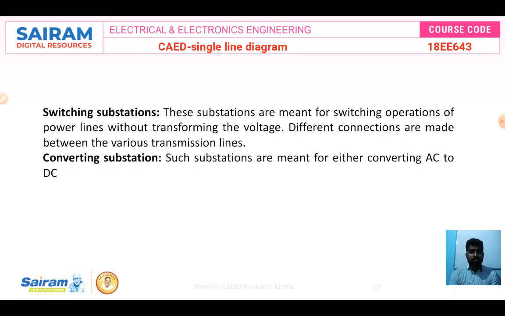A switching substation is meant for switching operation, switching lines without transforming the voltage. Different connections are made between the various transmission lines. A converting substation is meant for converting AC to DC, DC to AC, DC to DC, or AC to AC.